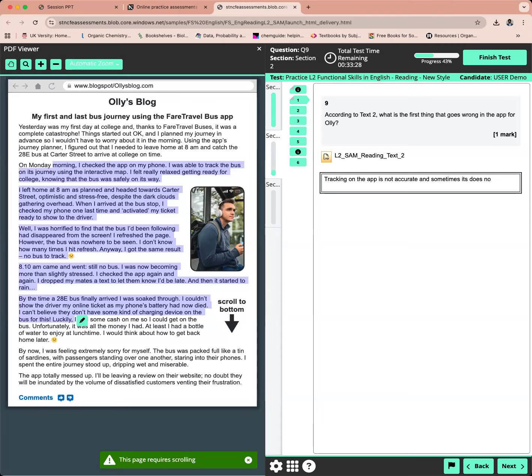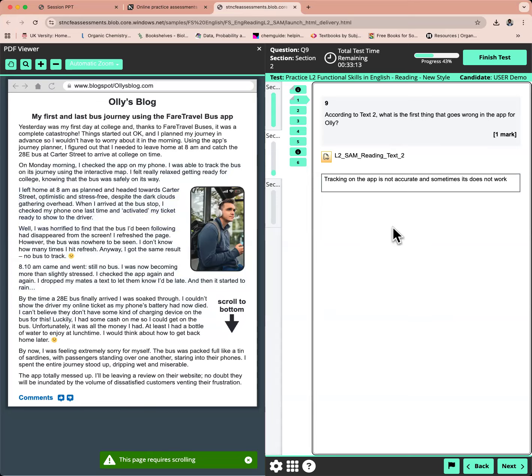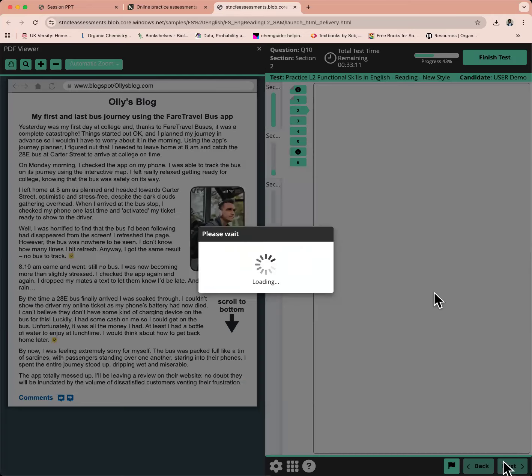Simple answer. And that is what I can see, which I would say is that the first thing that goes wrong in the app is the tracking of the bus sometimes does not happen, because he spends almost 3 paragraphs writing about it, and that is where this is related to the feature tracking of the app not working.